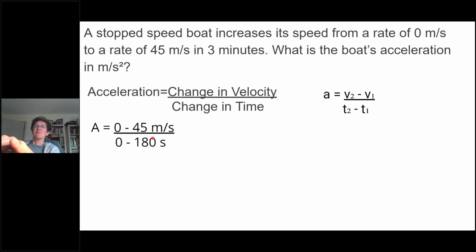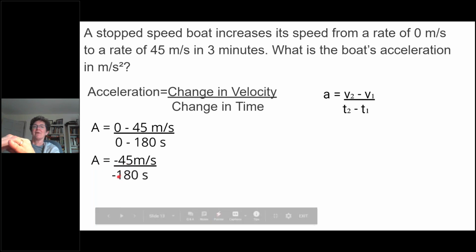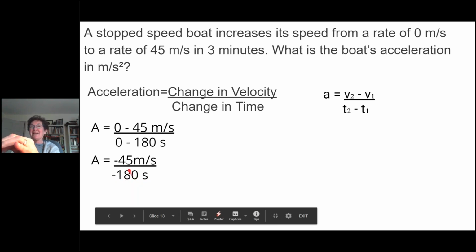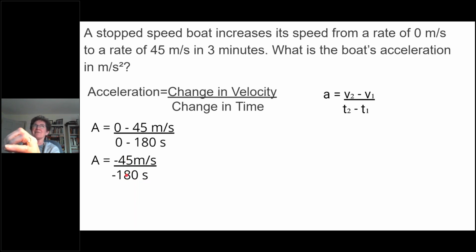Okay, 0 minus 45 is going to be negative 45, and 0 minus 180 is negative 180. So that looks like negative 45 divided by negative 180. Now, when you divide a negative number by a negative number, the answer is positive.